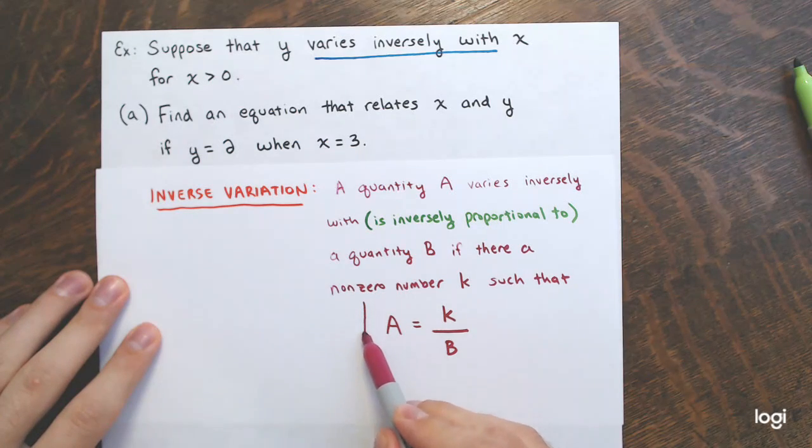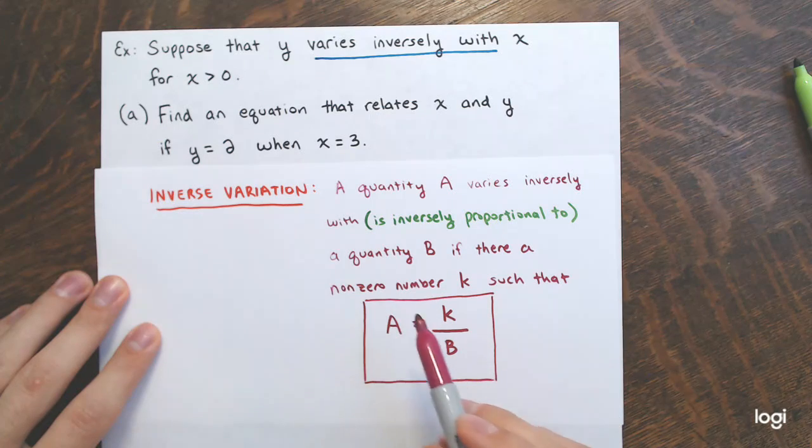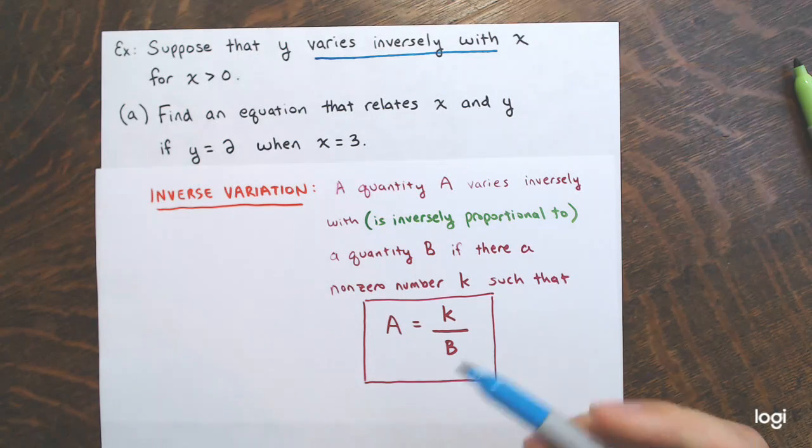I'll put this in a box. This is very important. This is our inverse proportionality model, the inverse variation model.